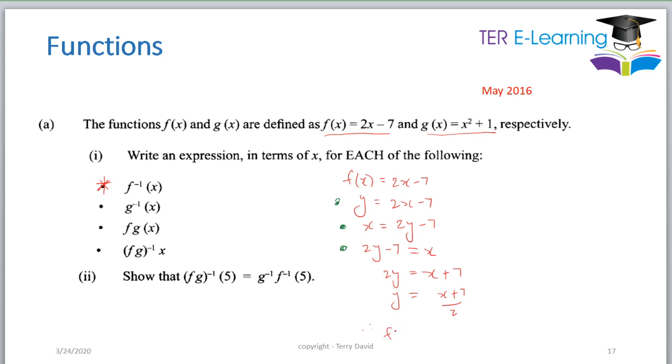Therefore f inverse of x is equal to (x plus 7) over 2. That is what the inverse is supposed to be. Seeing you all got that, (x plus 7) over 2, great.